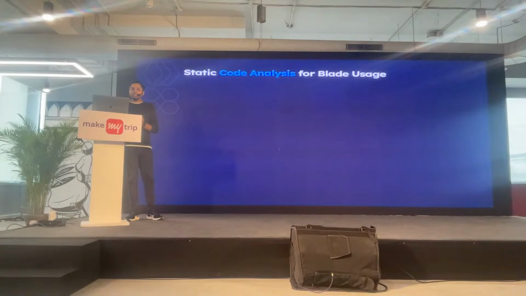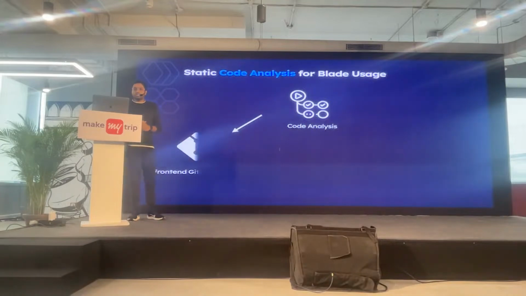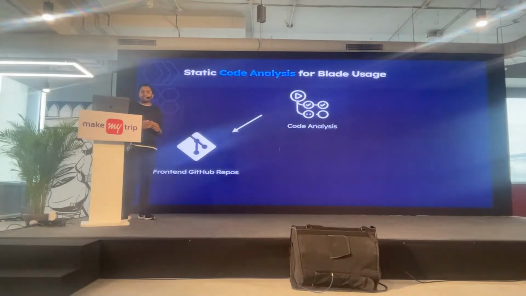So what we did is we did a static code analysis for our Blade usage. So what this actually does is there is an analysis script which runs in a GitHub action every week. This script will go across every single front-end repo at Razorpay and try to understand how many components are used from the design system, and not just that, not just the component usage, but also on a single component which props everybody is using.